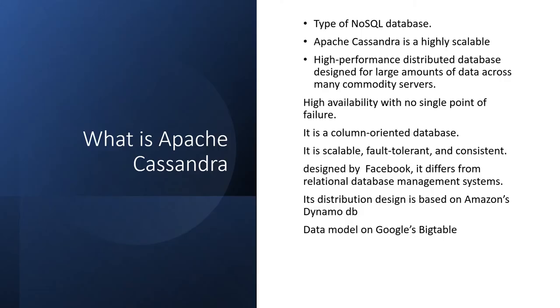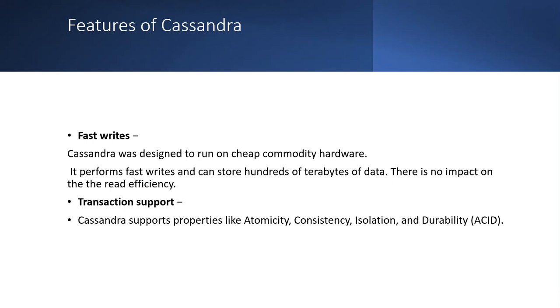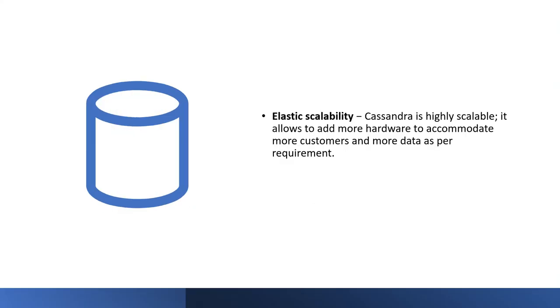Then we saw what Apache Cassandra is, the basics about it, and how it has some similarity with Amazon's DynamoDB and Google's Bigtable. And some of the features of Cassandra, which supports hundreds of thousands of terabytes of database size, how they do fast writes and eventual reads, and the transaction support, we have seen those things.